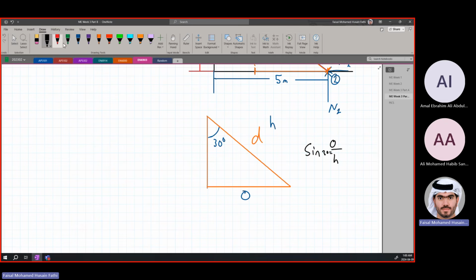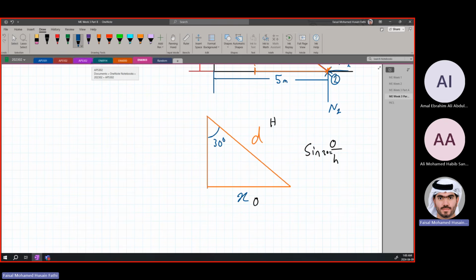So let's call this distance x in blue. This is x. This is the hypotenuse and this is the opposite.